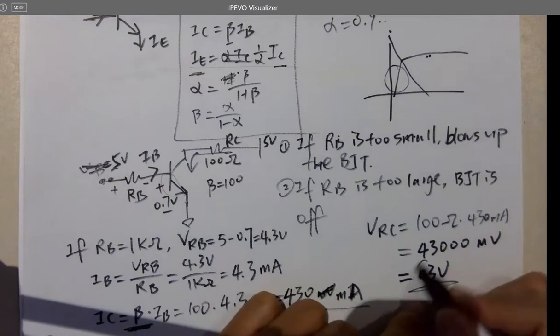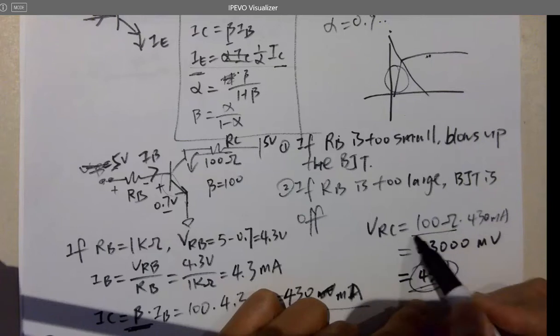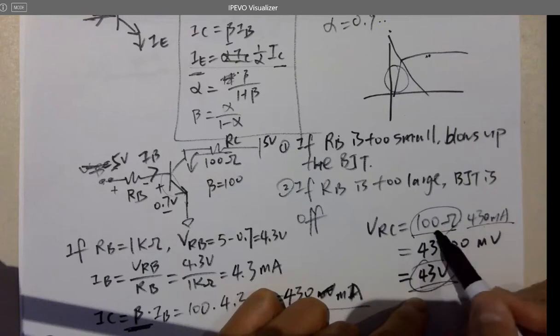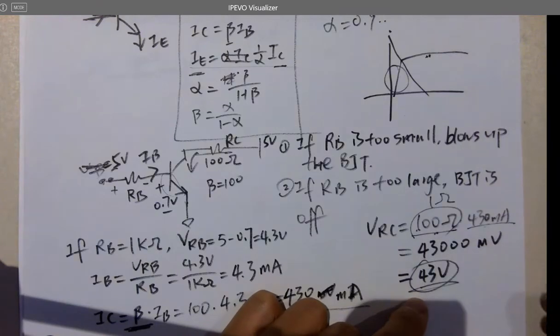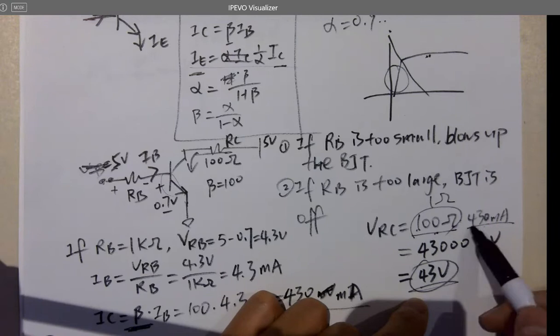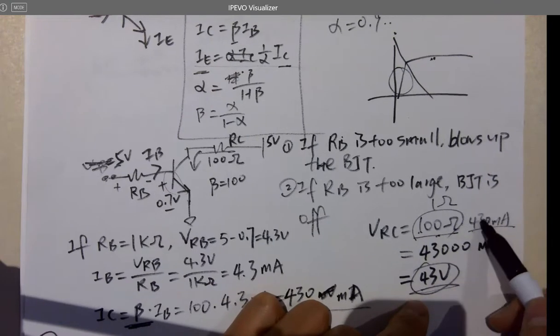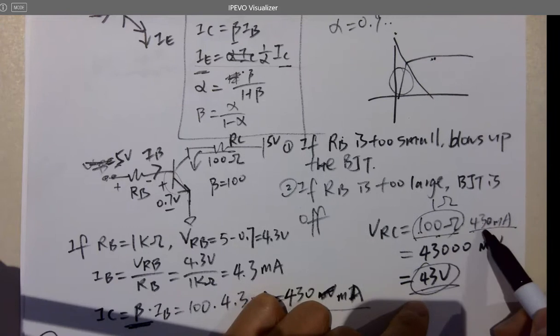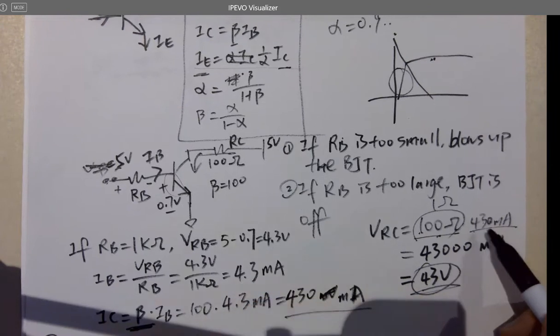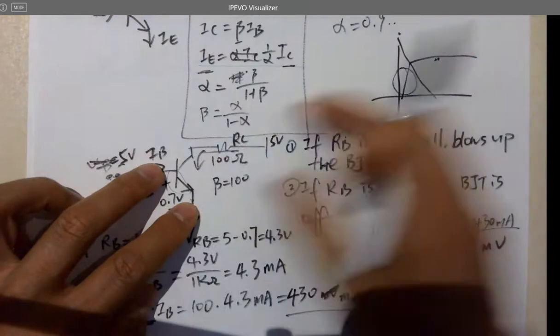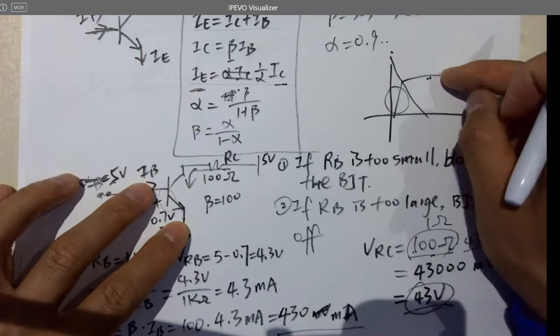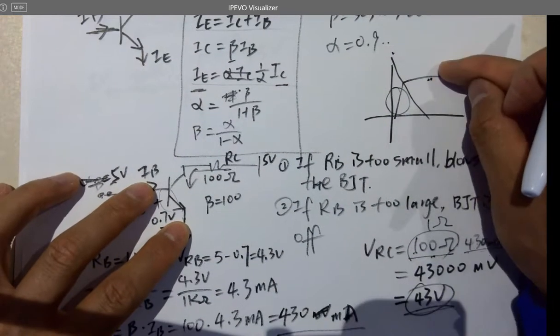The reason you are getting 43 volts is because this is this one times this one, right? So what if it's just 1 ohm? Then you are getting 0.4 volts, right? But it's going to be smaller than this one, so it's still not operating in the active mode.